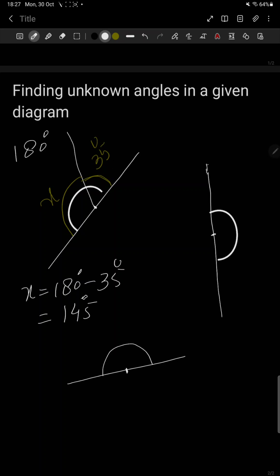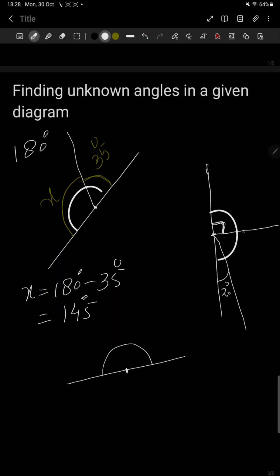In the same way, all the angles which are on a straight line will total 180 degrees. If the angle is split into 2 or 3 parts, we can easily find the remaining or unknown angle. For instance, if I break down this straight line like this, and the other part I again break down, this is 20 degrees.